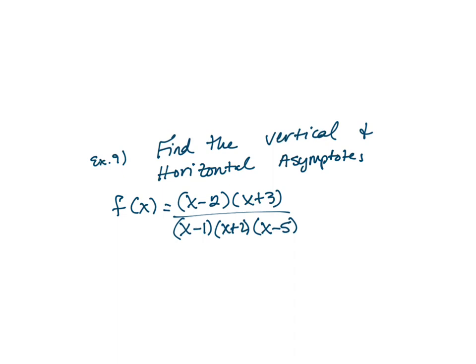Do we have any holes? No cancel buddies. So that means that there's going to be a vertical asymptote at every single piece in this denominator. You're going to have one at x equals 1, at x equals negative 2, and at x equals 5.